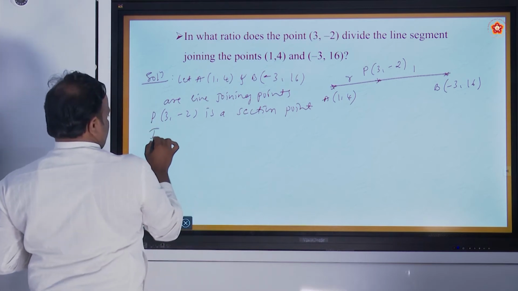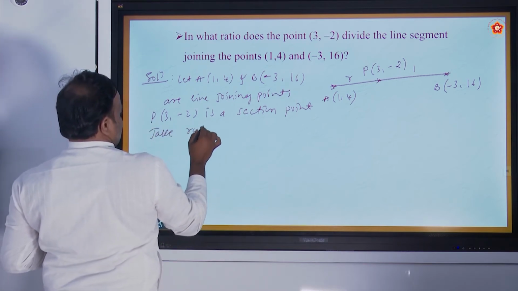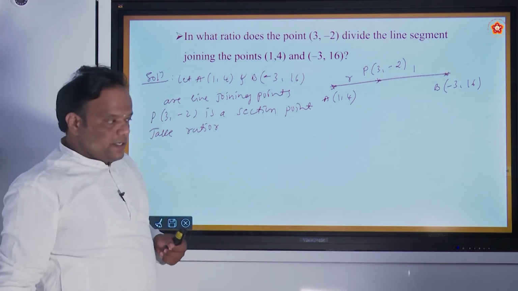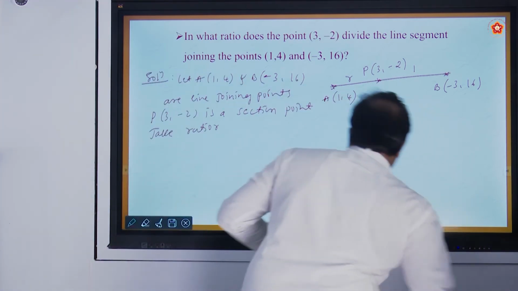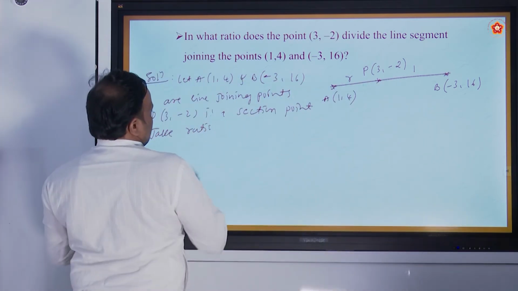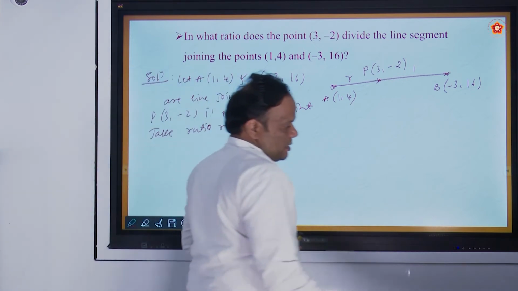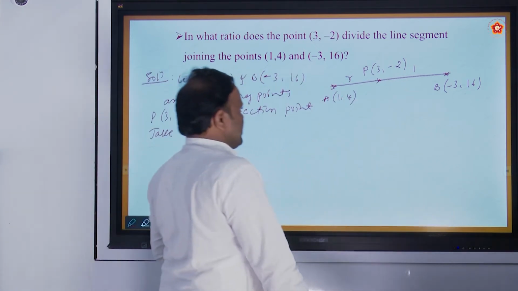Take the ratio R is to 1. Take ratio R is to 1. Okay. It means you have to find the value of R. The R is nothing but the required ratio.